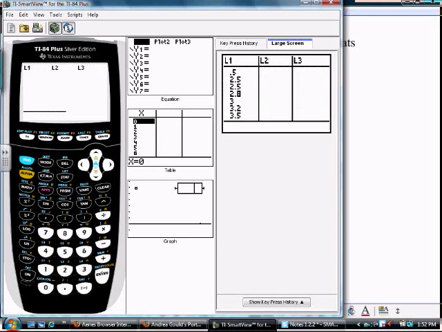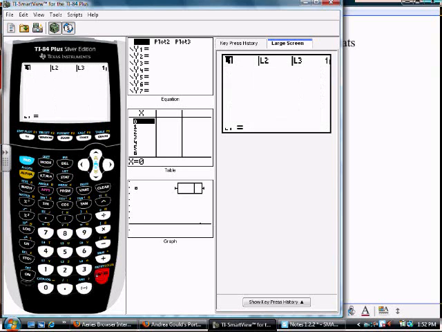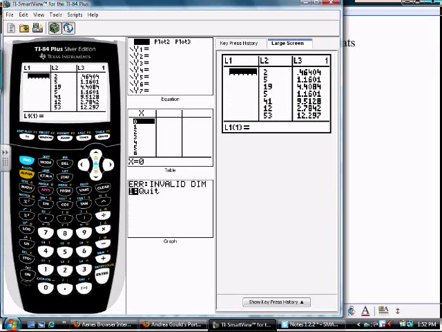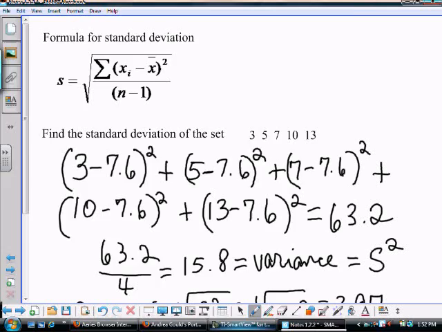The reason you have to know how to do this is because sometimes on the AP exam, they have asked you to calculate standard deviation by hand for a very small set of numbers. You can use the calculator, but you have to show what you did.